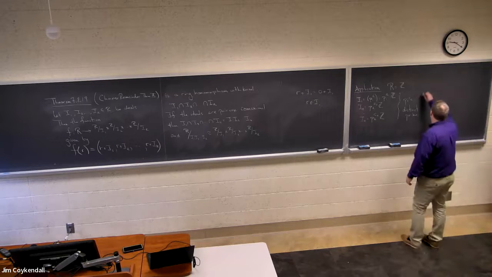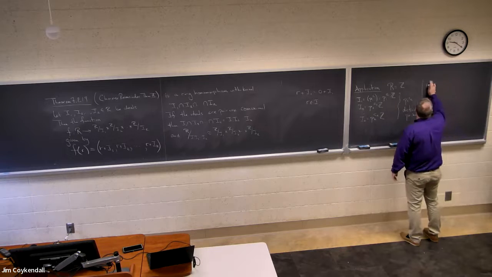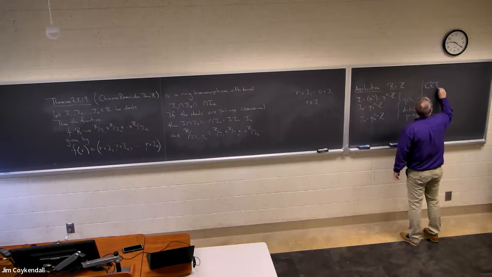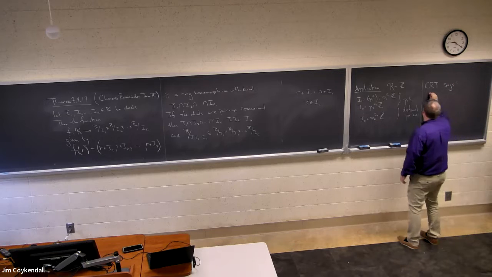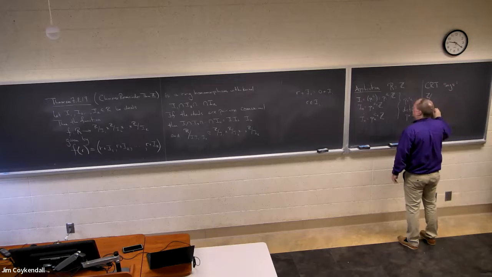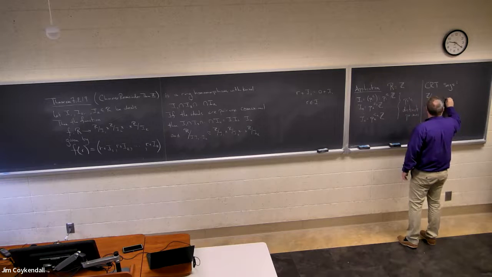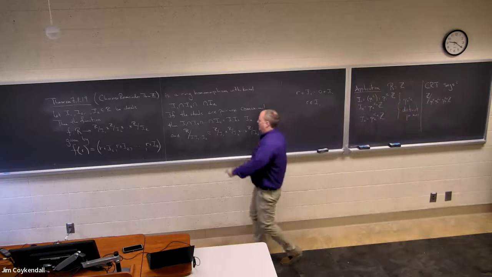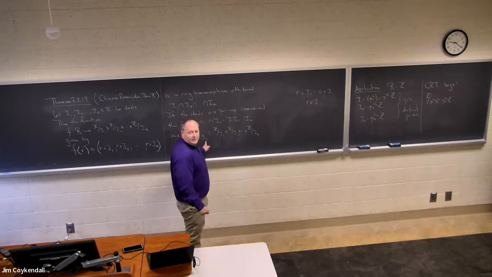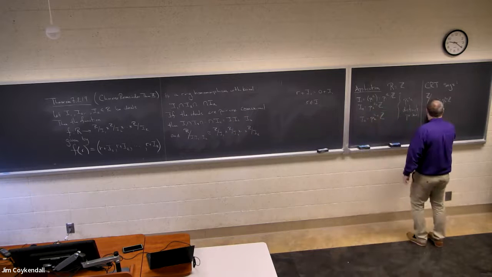The Chinese remainder theorem says that Z mod the product of these ideals is isomorphic to the product of the pieces.